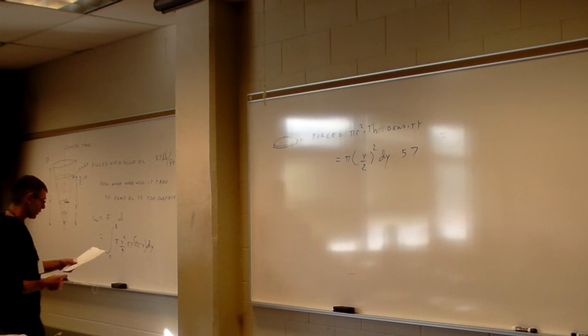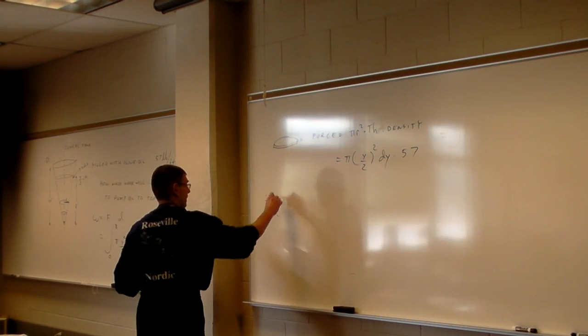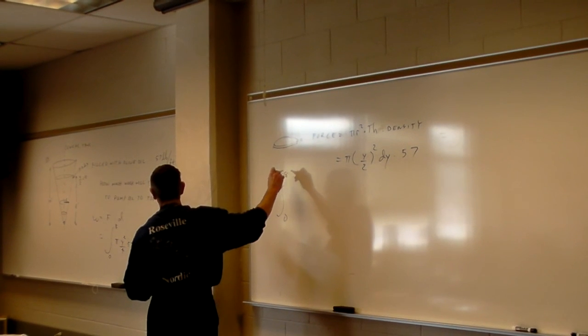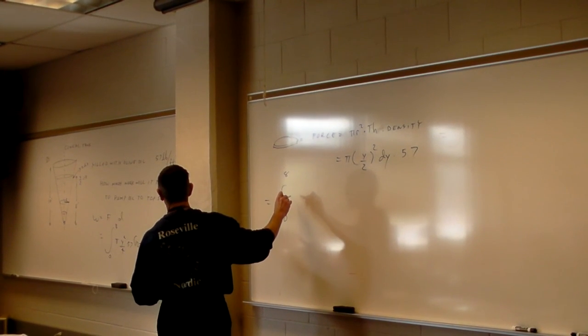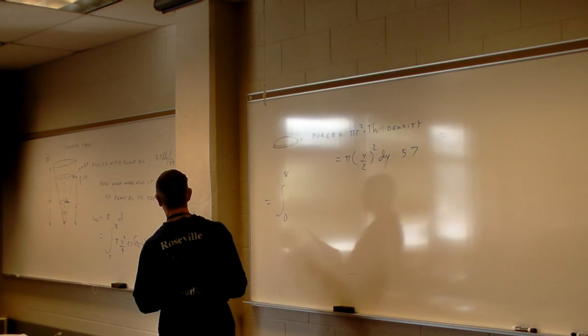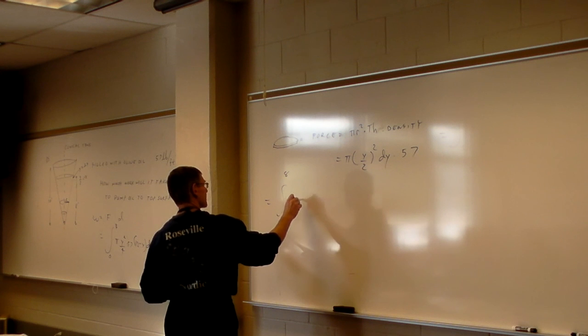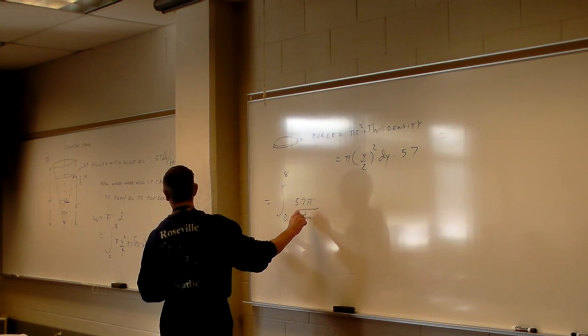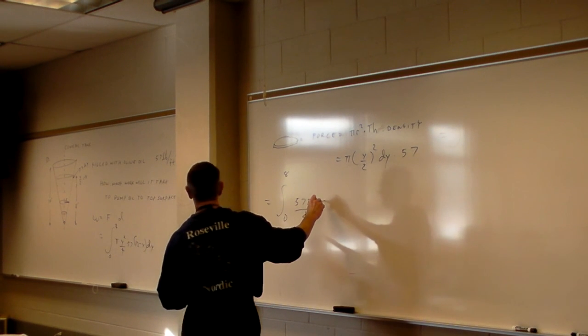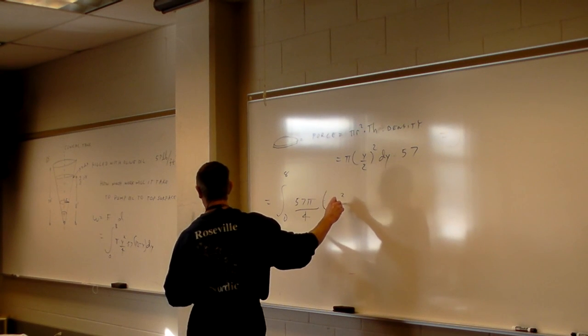And just working it out. Well, let's simplify it a little bit. So it'd be 0 to 8. Now let's just write it as 57 pi over 4 times 10y squared minus y cubed.